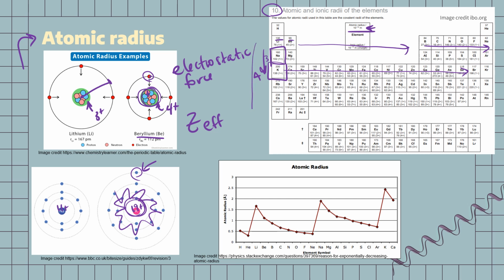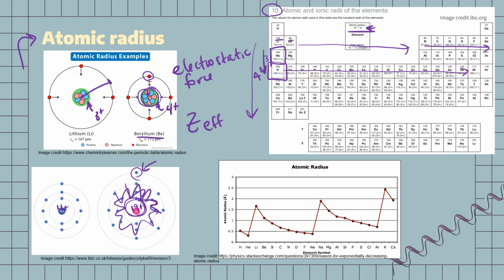When we go down a group, because we are adding more and more energy levels, the whole atom is going to get bigger. Partly because the electrons are in energy levels that are farther away, and also partly because of that shielding that occurs between the protons and the valence energy levels when we start adding more and more energy levels.